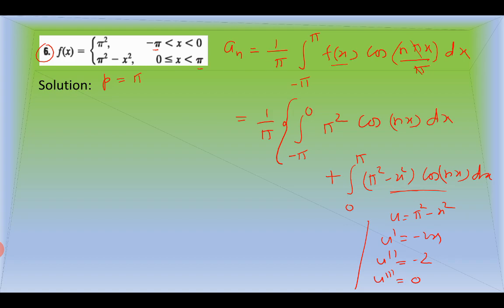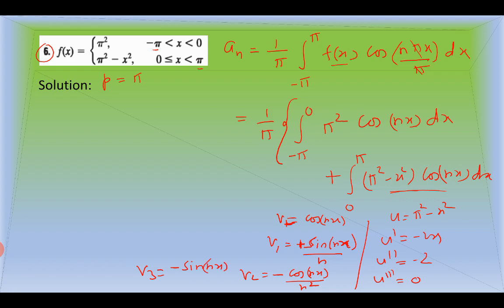So we will have three terms, v1 cosine nx, v1 is integration of cosine, positive sin nx divided by n, v2 integration of sin will be minus cosine nx divided by n square, and v3 minus sin nx divided by n cube.